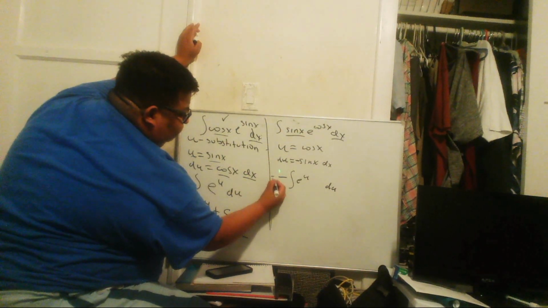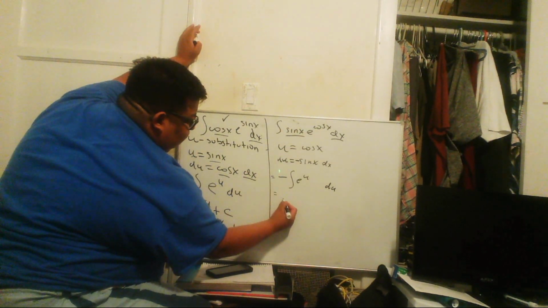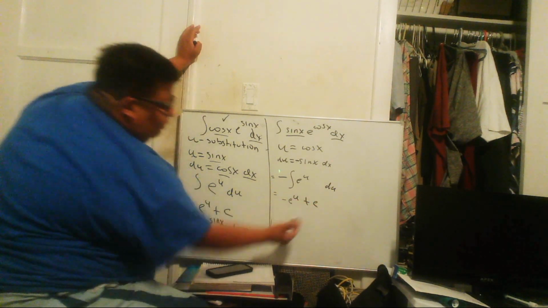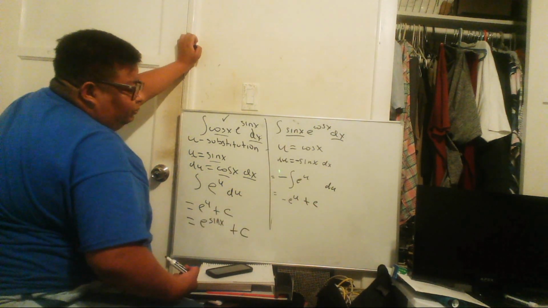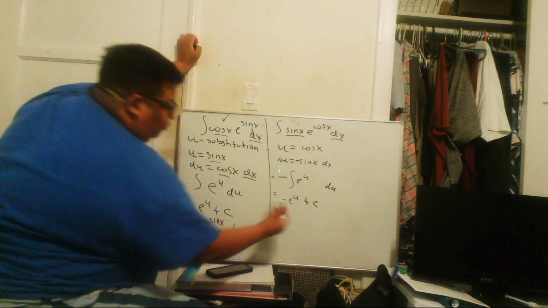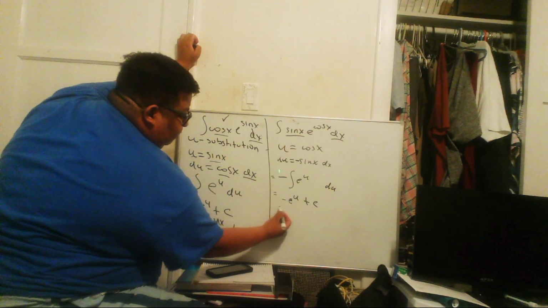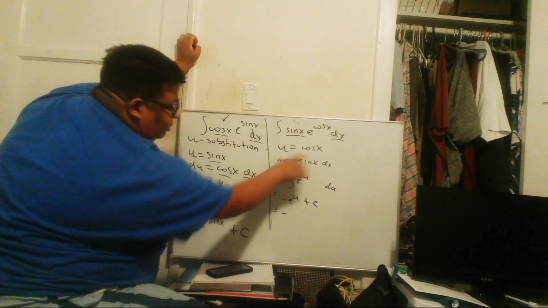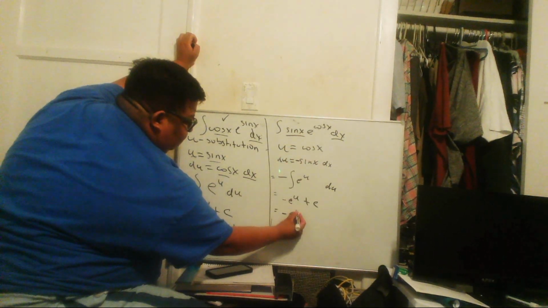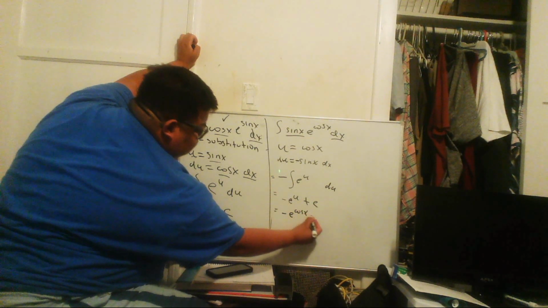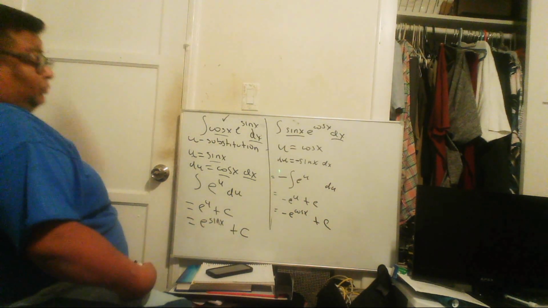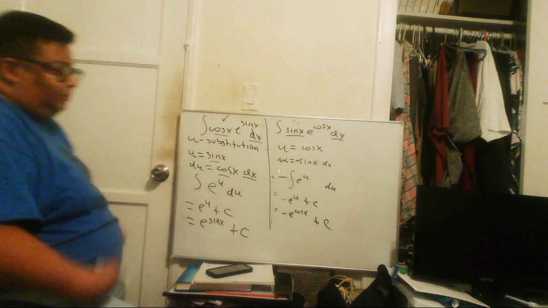Now we integrate: minus e to the u plus c, because it's an indefinite integral. We plug back in, u is cos x, so that will be minus e to the cos x plus c. And that should be your final answer.